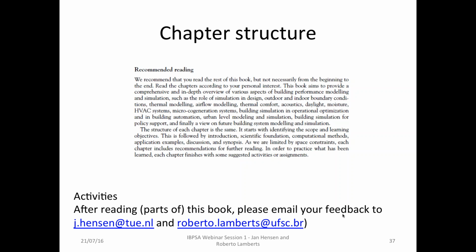So further reading that will be recommended to you on the subject of each chapter. And some activities. So the activity of the first chapter is, after reading parts of this book, please email your feedback to Jan Hensen and myself.